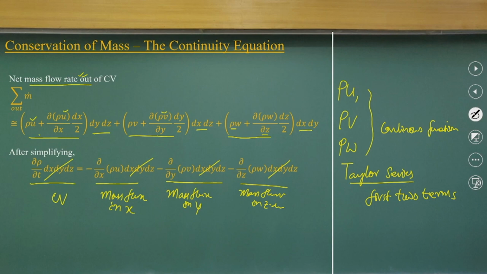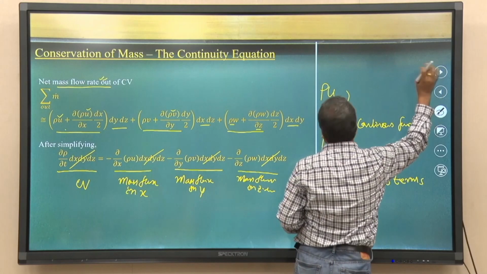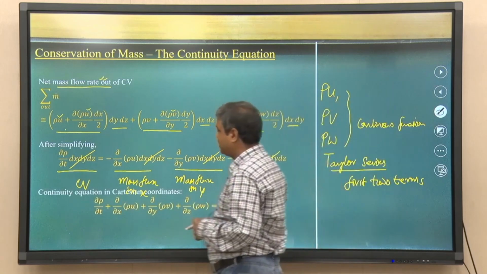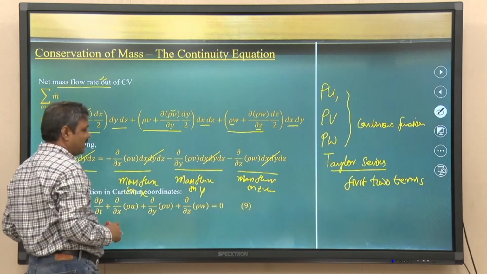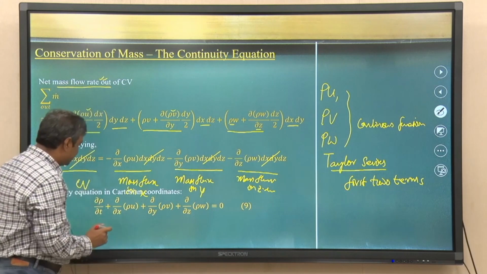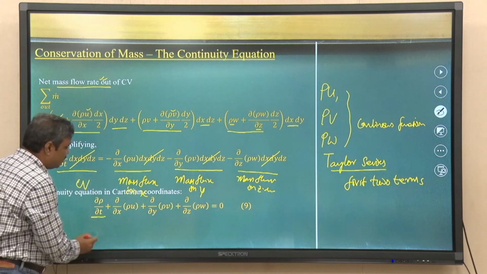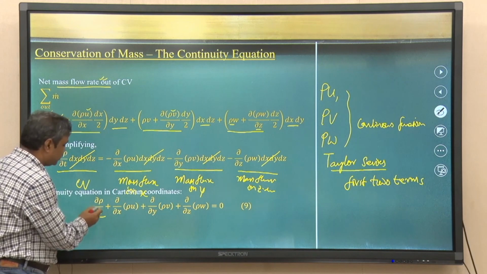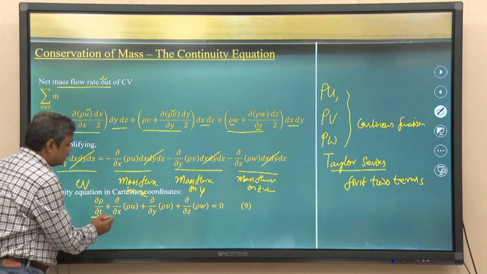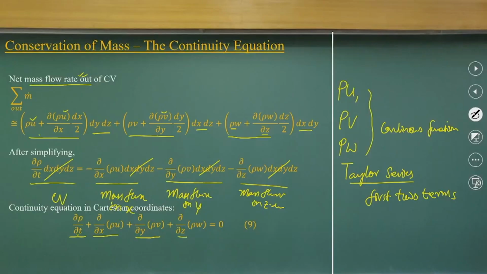dx dy dz is the volume of the control volume, that is what you can cancel out, and you can write it in the form which we have already discussed in Cartesian coordinates, where the partial derivative of rho with respect to t is the change of the mass storage. This is the mass flux in the three directions per unit volume of the control volume. That is what the equation is representing.